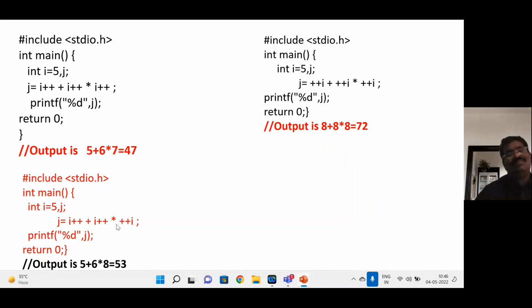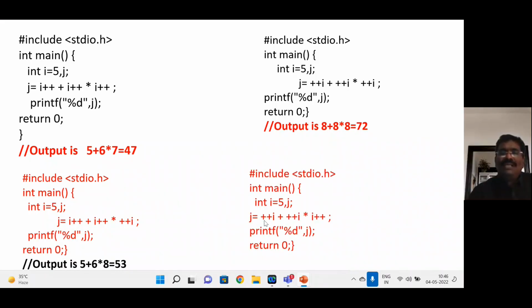How many increment operators are there? 1, 2, 3 operators. So the initial value 5 plus 3 is equal to 8. And for the post increment, the first i value is 5, after that it is incremented to 6, and that 6 is used. After that it is incremented to 7 and then 8. So you get 5 plus 6 into 8, that is 53. You got the value 53.